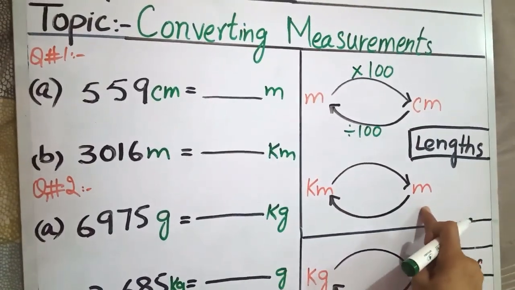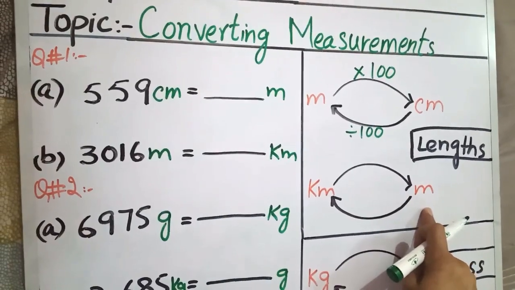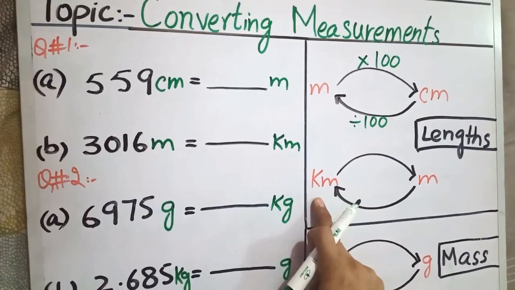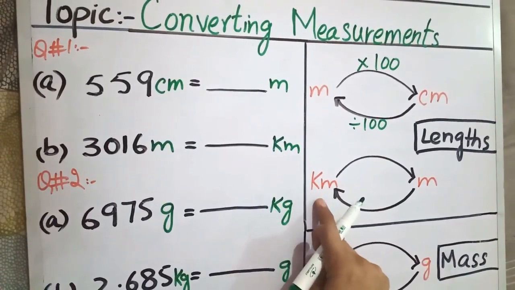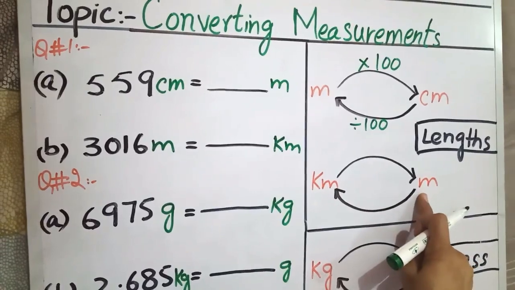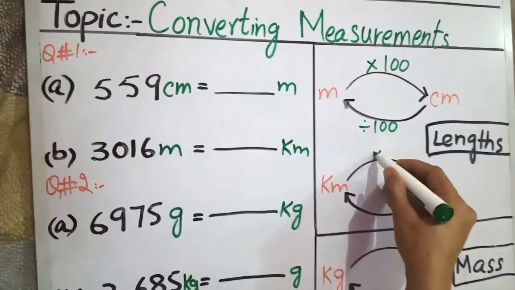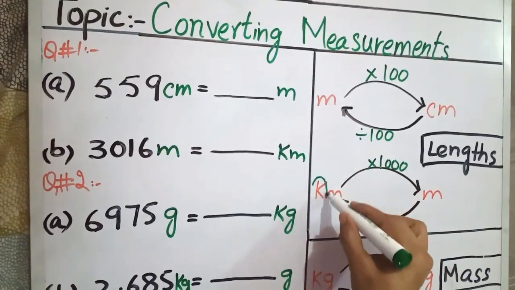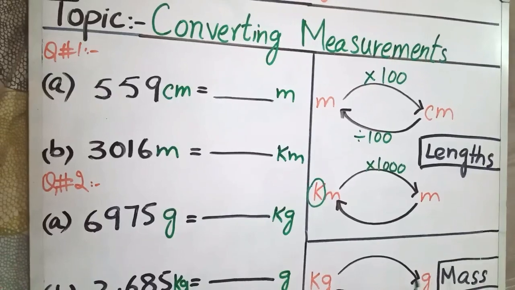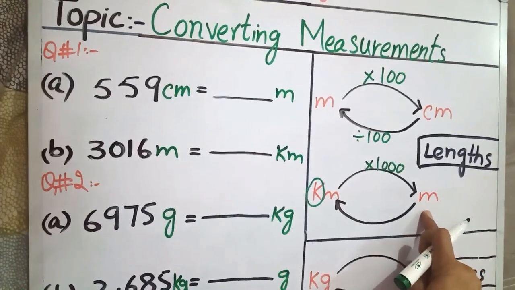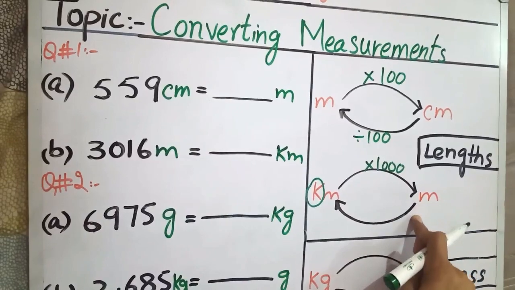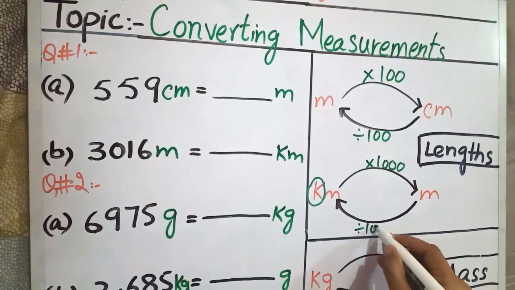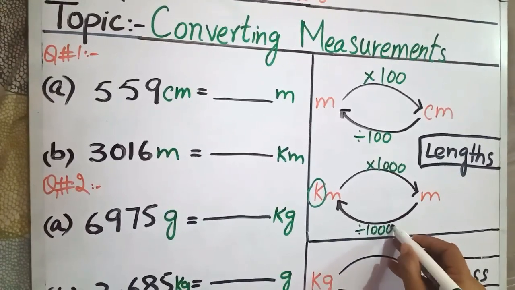When converting from kilometer to meter, we multiply that number by 1000 because kilo means 1000. And whenever the number is in meters and being converted to kilometers, we divide that number by 1000.